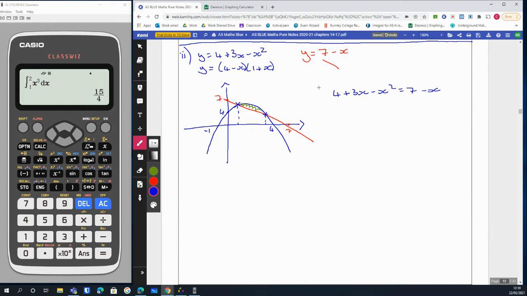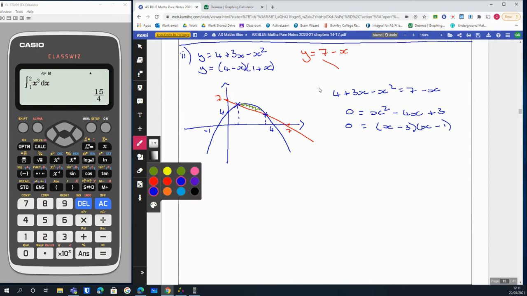So I'm going to take everything to the right-hand side. So we've got x squared minus 4x plus 3, and factorise. You'll find that a lot of these do factorise quite easily because you're not being tested really on the quadratics. It's just a tool that we're using here in order to be able to solve these.